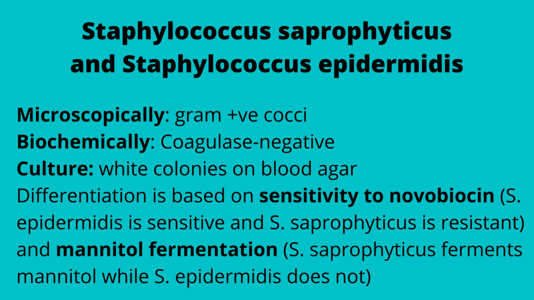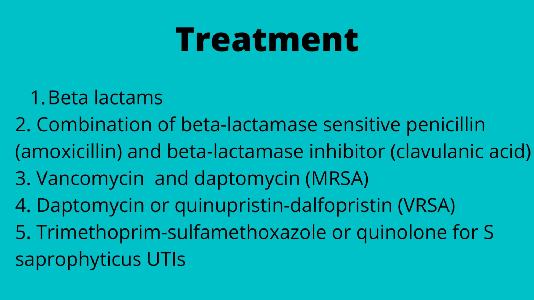Their differentiation is basically on the sensitivity to novobiocin, where Staph epidermidis is sensitive to novobiocin and Staph saprophyticus is resistant to novobiocin, and mannitol fermentation, where Staph saprophyticus ferments mannitol while Staph epidermidis does not ferment mannitol.